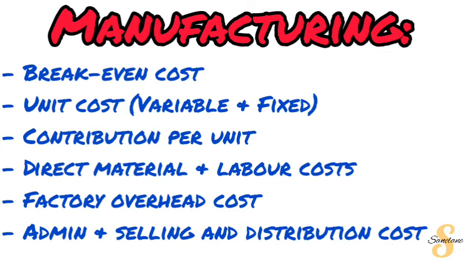Now the factory overhead cost, you also need to know what falls under factory overhead cost, because we also have other costs that are associated with producing a product, which are the administration cost as well as the selling and distribution cost. So you need to be able to differentiate these from the factory overhead costs. What are the costs that belong to the factory, and what are the costs that belong to the office and the shop?